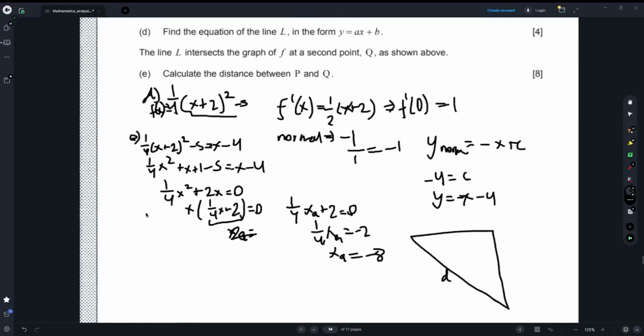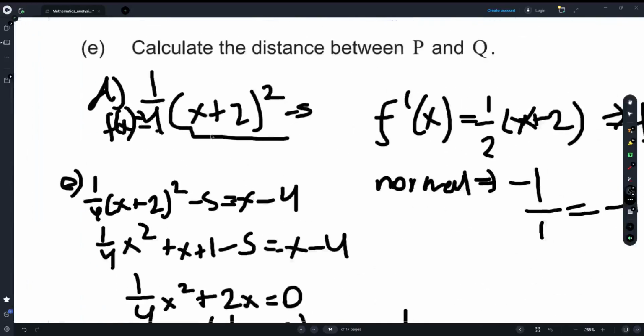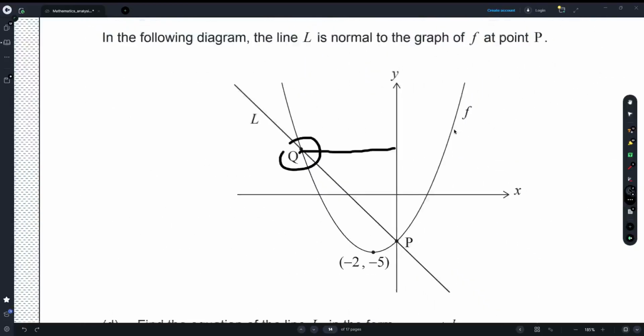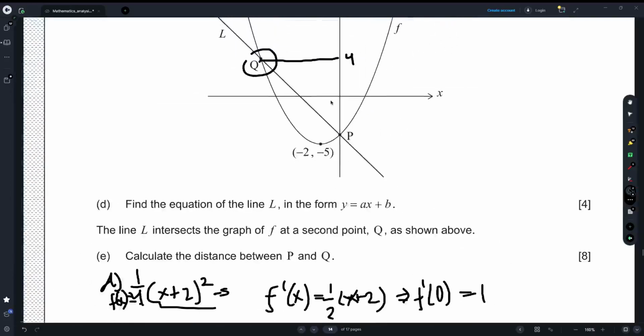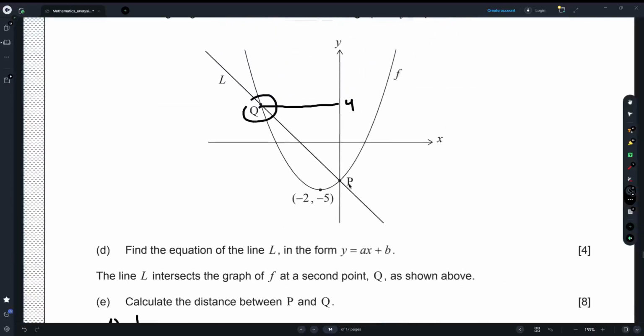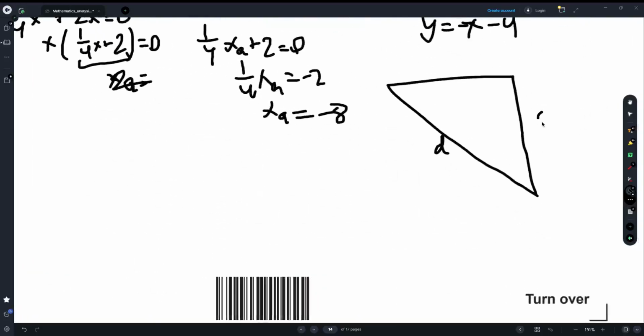If we sub in minus 8 to this function, we get 2 minus 8, minus 6. So 1/4 of 36 is 9, minus 5, which is 4. So f of this point Q is going to be 4. So this vertical distance is 4, and then this is also 4, so this is going to be 8 on this side.